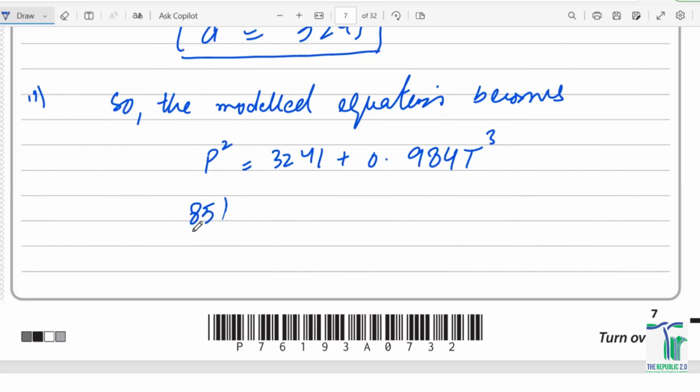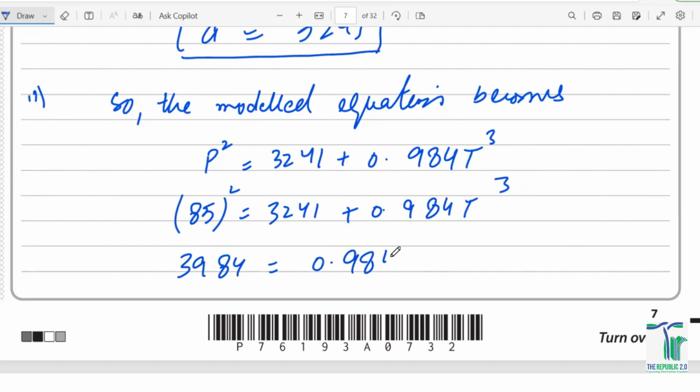So you've got 85 squared equals 3241 plus 0.984 T cubed. First of all, 85 squared minus 3241 is something like 3984 equals 0.984 T cubed.